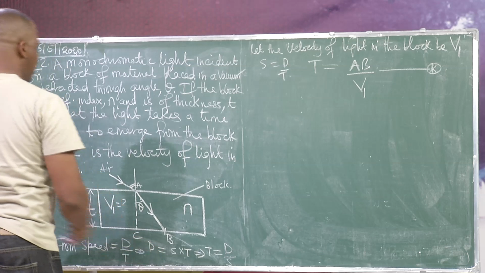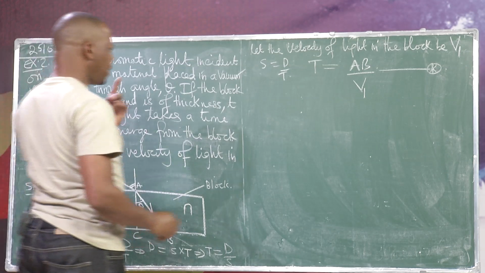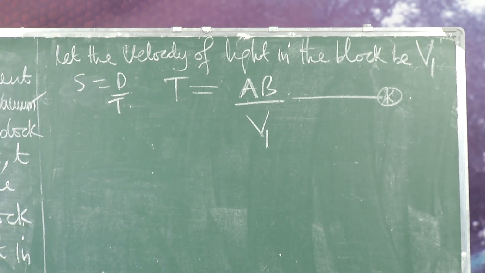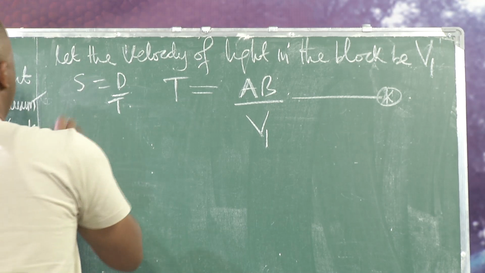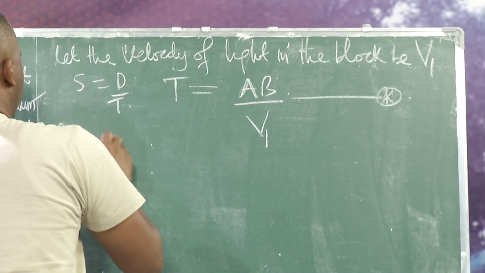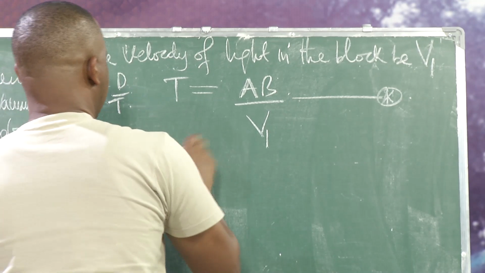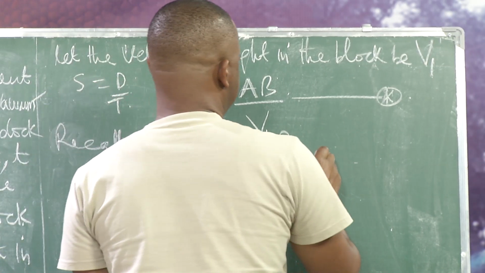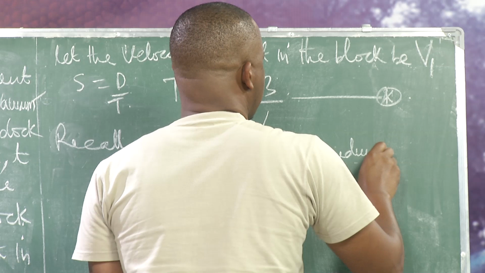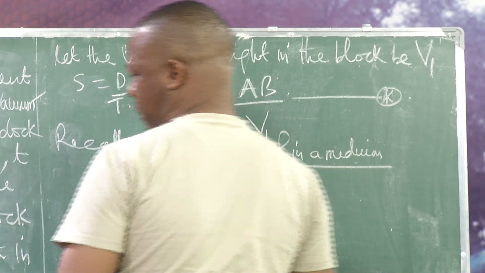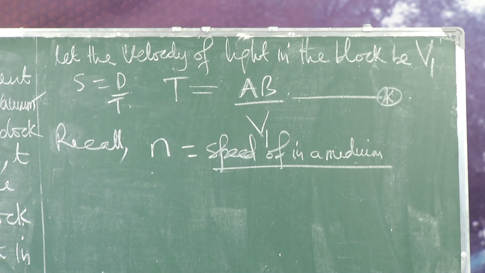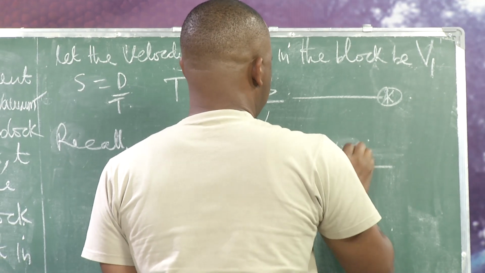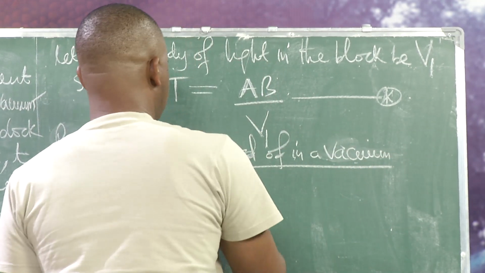So we need to find AB, but we already know the definition for speed. The speed in a vacuum is c. That's where this c that we have comes in. I will use a recall. Recall that we saw that n is equal to speed of light in a vacuum to the speed of light in a medium, which gives the refractive index of a medium.